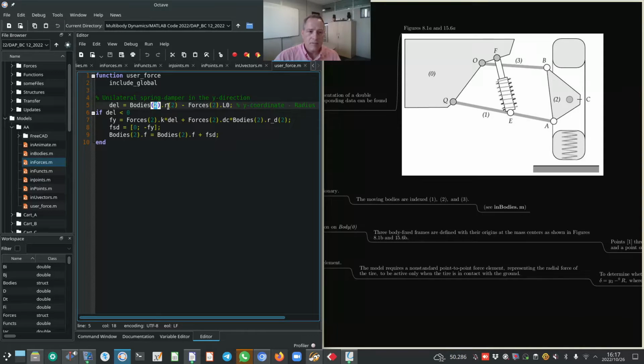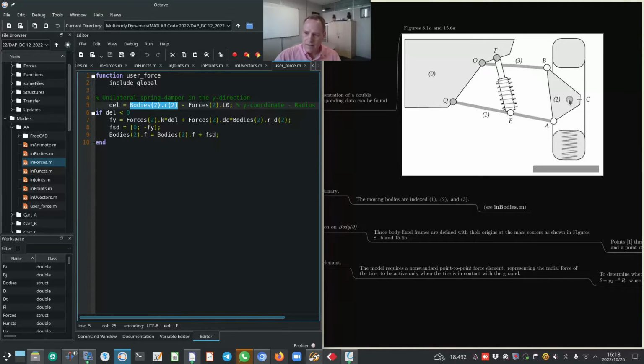The position coordinate is identified by this parameter r, and that position coordinate has 2 components, an x component, which is the first component, and a y component, which is the second component. So this is the y coordinate of the center of gravity of body 2. So this point over here.